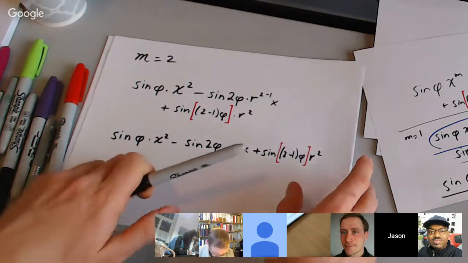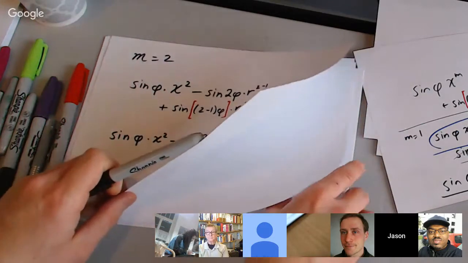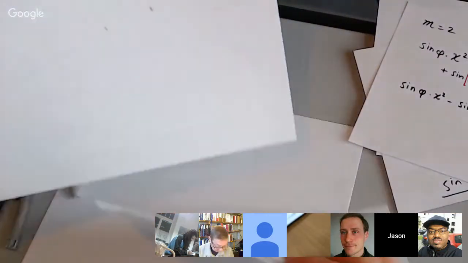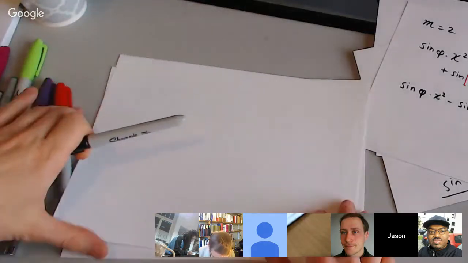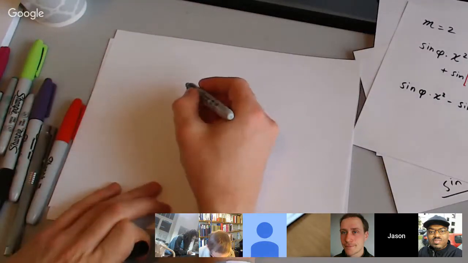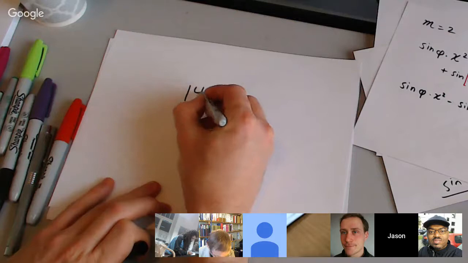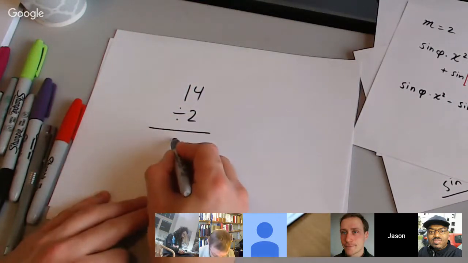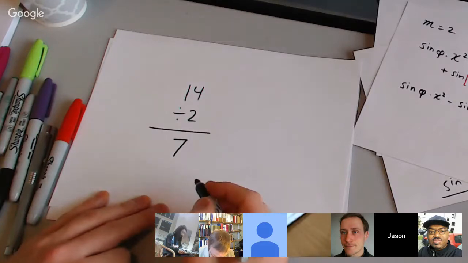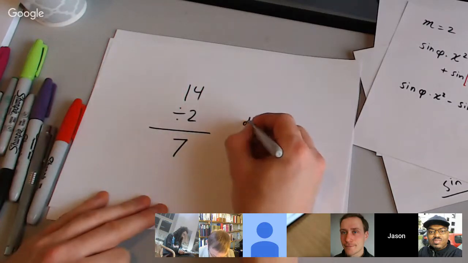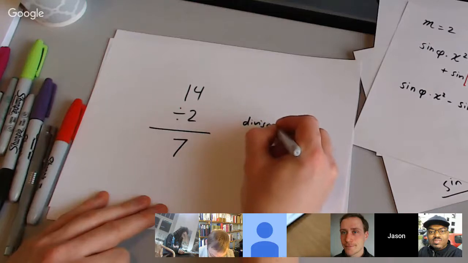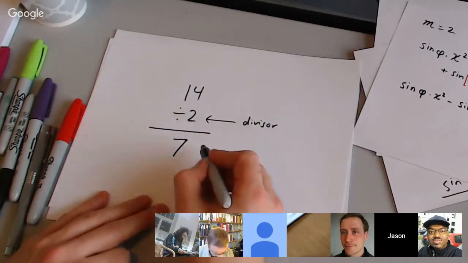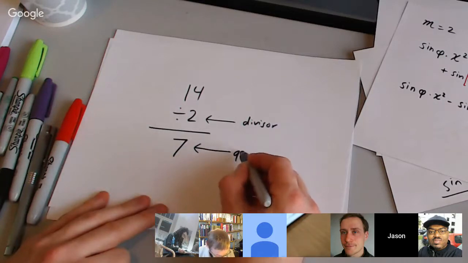So let me just talk for a moment about what quotient means. Quotient is the word for what you get after you divide something. So 14 divided by 2 equals 7. In terms of our vocabulary, 2 is the divisor, and 7 is the quotient.